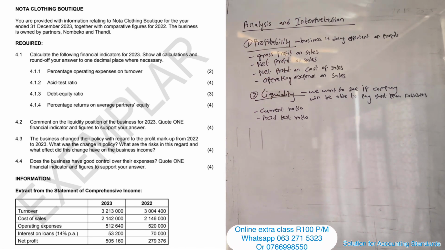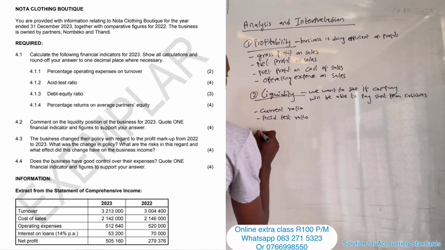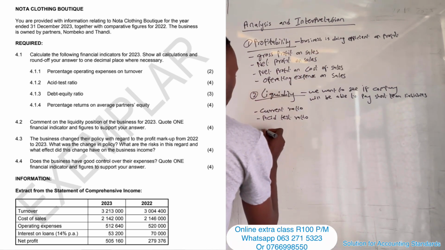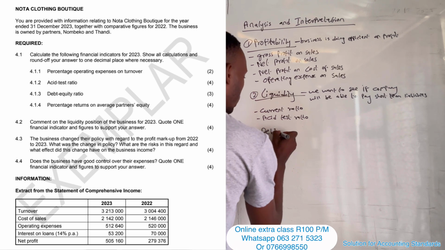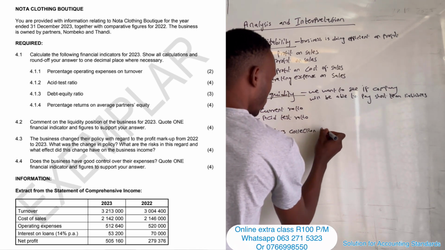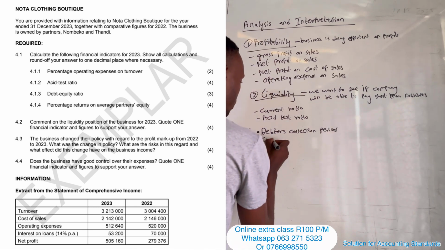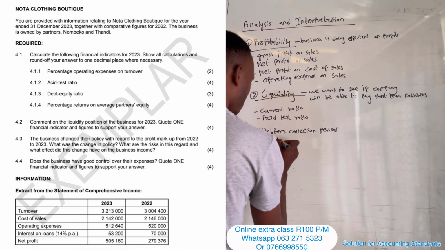Okay, the next one, you also have to know ratios like debtors collection period, even though we are going to do this one in part 2, and creditors collection period, because they were not on this question paper.